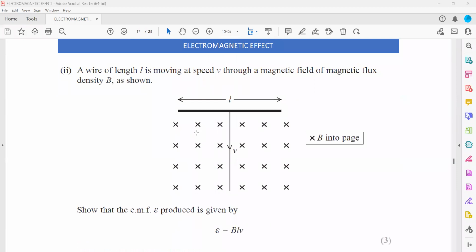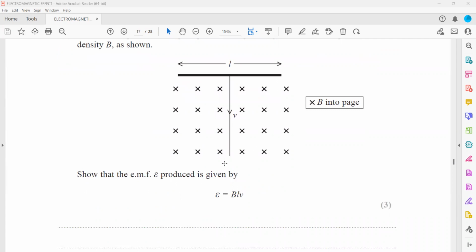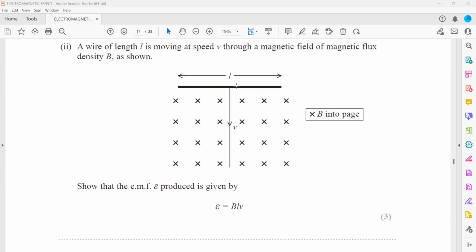The next part: a wire of length L is moving at a speed of v through a magnetic flux density B. As shown, the magnetic field is into the page, so that the EMF produced is given by E equals BLV.